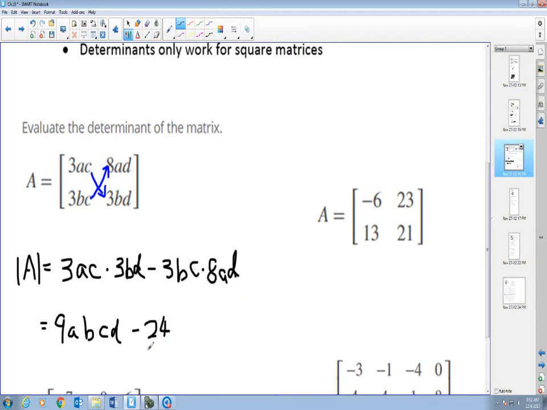BC times AD, so that will be ABCD again. All right, if I combine like terms, 9 minus 24, it's going to give me negative 15 ABCD. Okay, that's all we have to do.